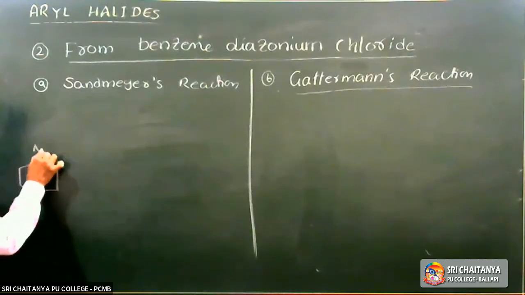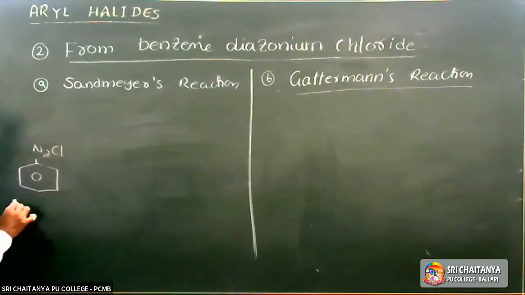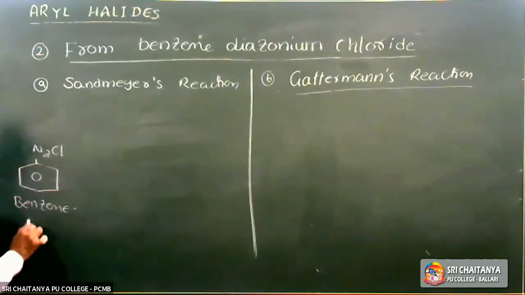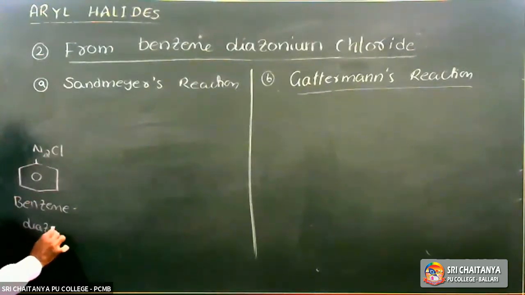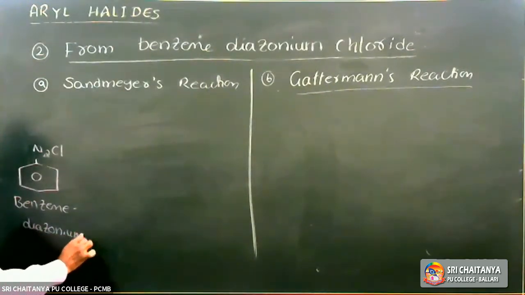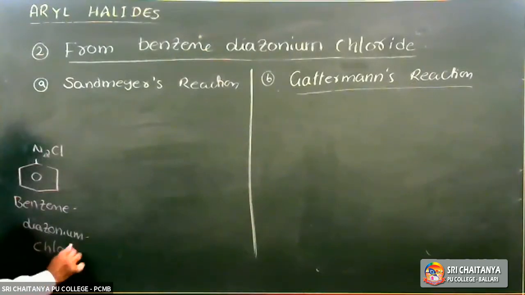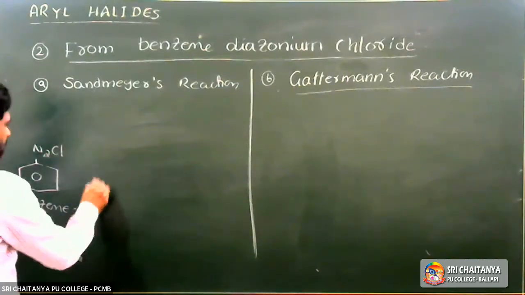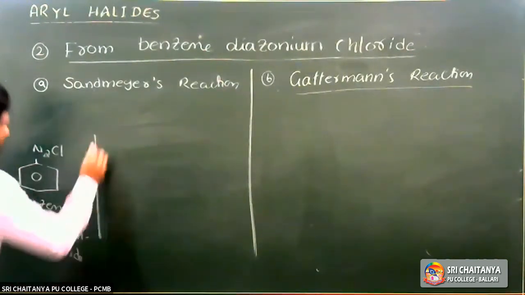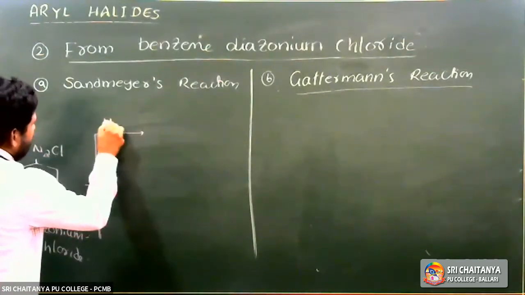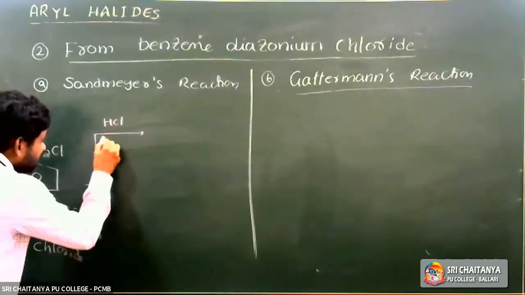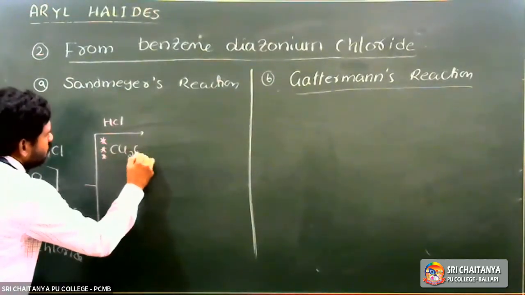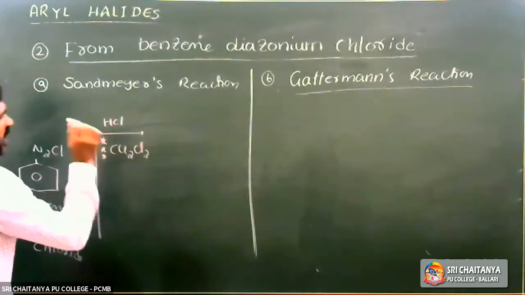So benzene diazonium chloride, C6H5N2Cl, is called benzene diazonium chloride. Okay. So this benzene diazonium chloride is treated with HCl, in presence of, it is very important, in presence of Cu2Cl2, that is cuprous chloride.